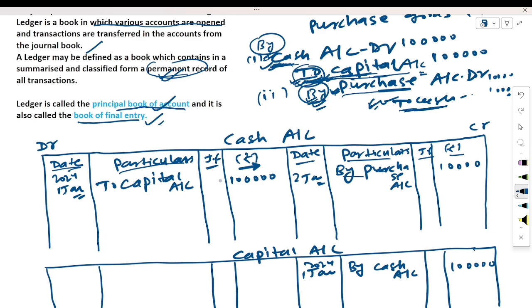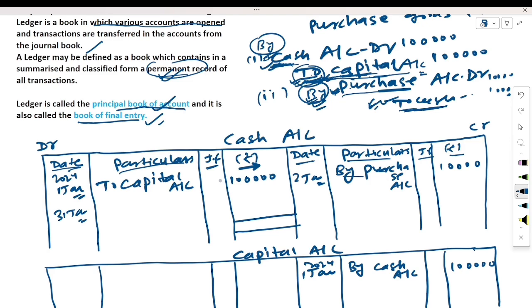Suppose you are creating this ledger book for the month of January, then you will close this ledger book at the end of the month, 31st January. So you will have to make the balancing figure, how much balance you have in the cash ledger book.